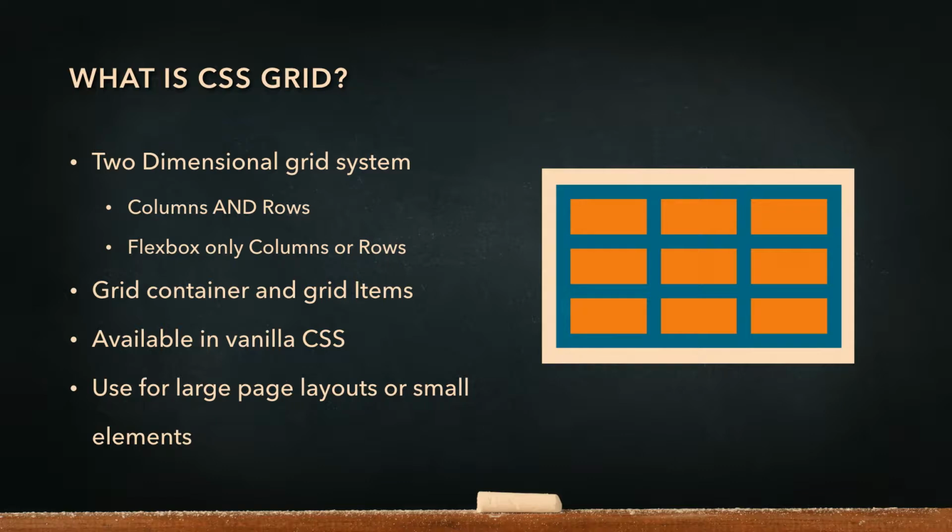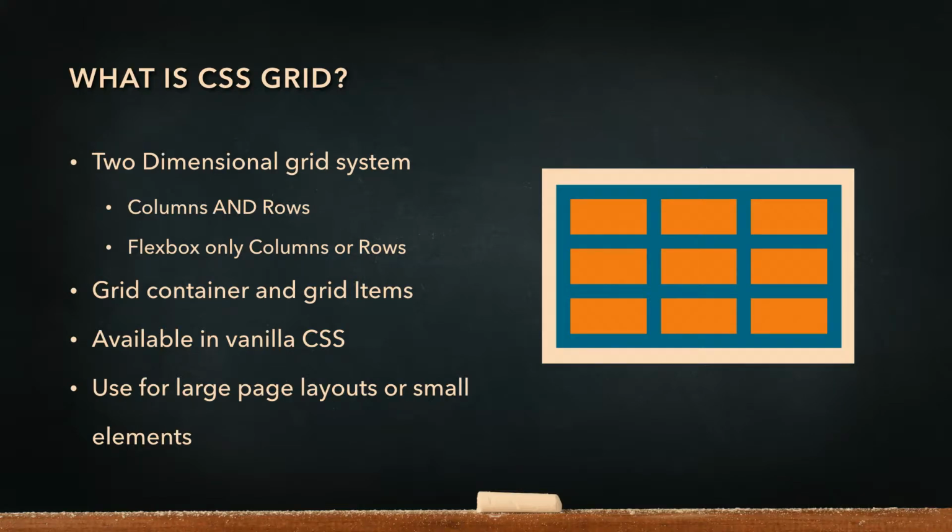Whereas if you used Flexbox before, you'd only be able to use columns or rows in your specifications. CSS Grid uses both of them together. And it's based on this structure of a grid container and the grid items within it. As you see by this image over here, there's a surrounding grid container that holds everything together, and then all the grid items evenly spaced out inside.